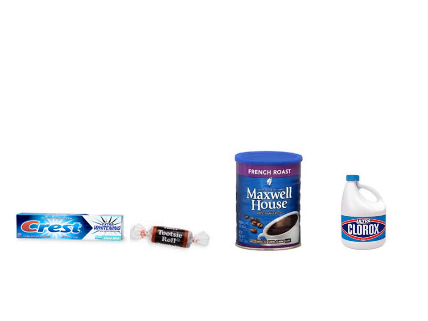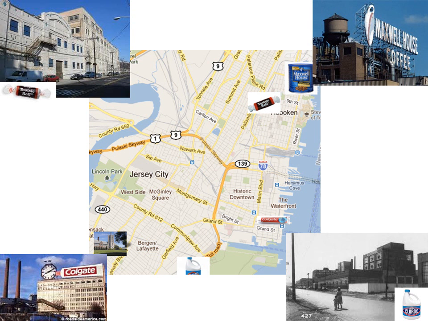Now another story. Here I have 4 products: Crest, Tootsie Rolls, Maxwell House Coffee, and Clorox Bleach. One thing that all these products have in common is that they were all manufactured within 2 miles of New Jersey City University. Not only that, but my friends' fathers worked for all these companies.